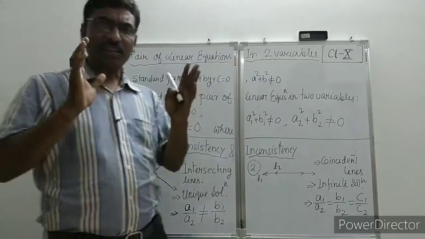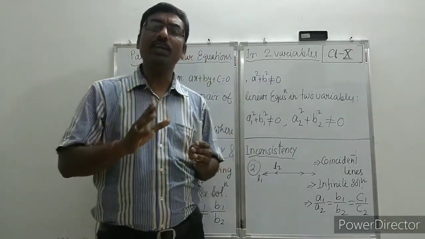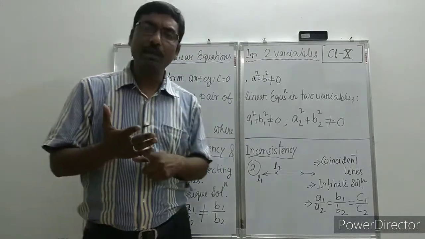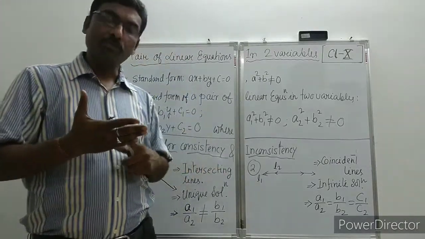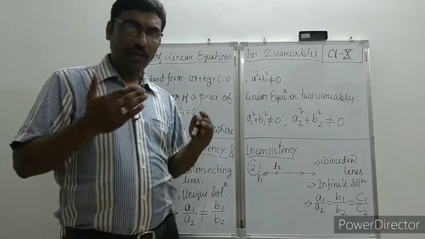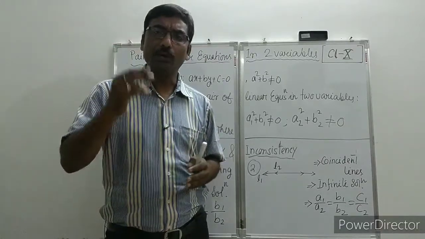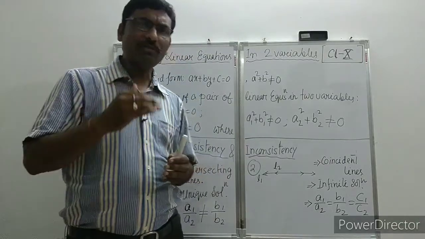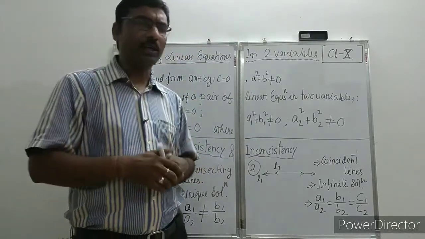Now, what is the standard form of a linear equation in one variable? Linear equations may be in one variable, two variables, or three variables also. Here in class 10, we require the linear equation in two variables. First, the linear equation in one variable.